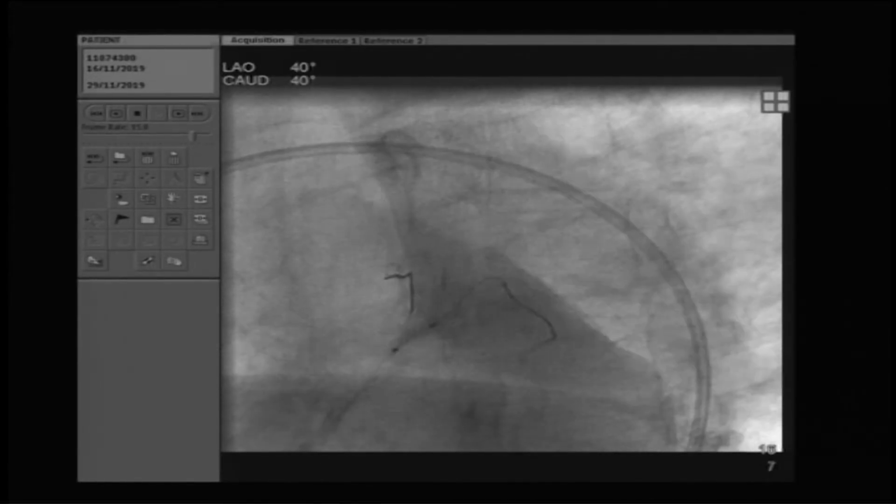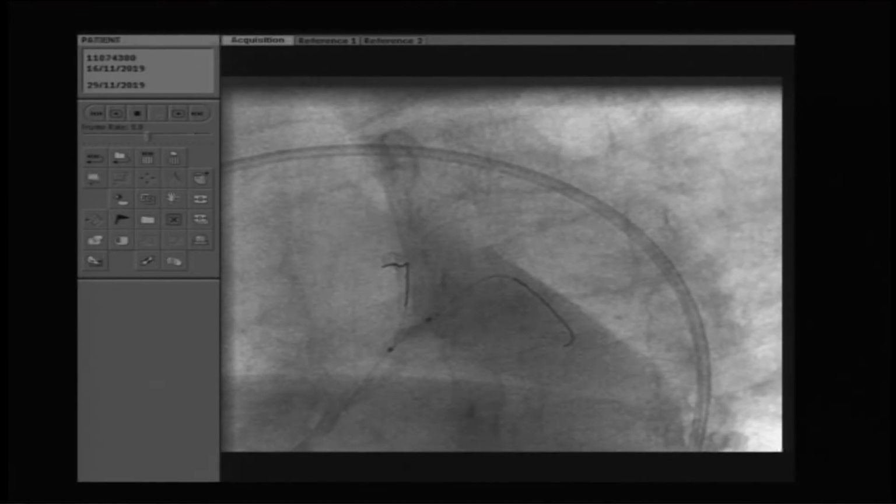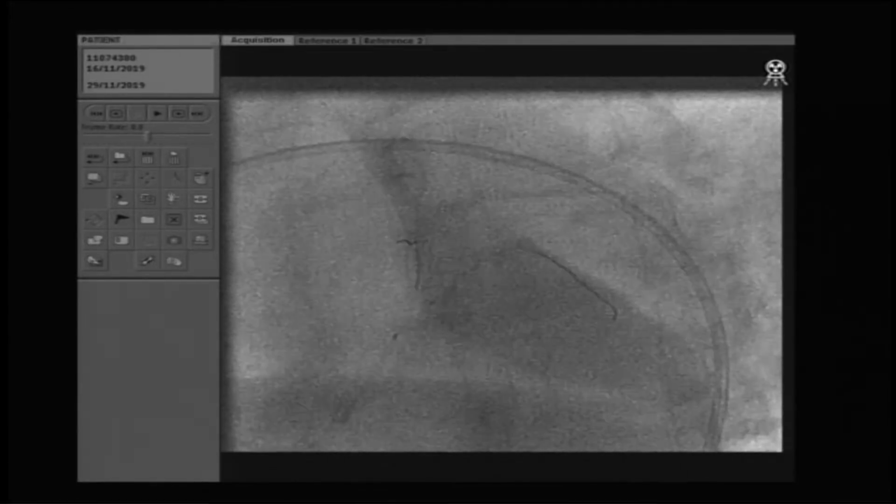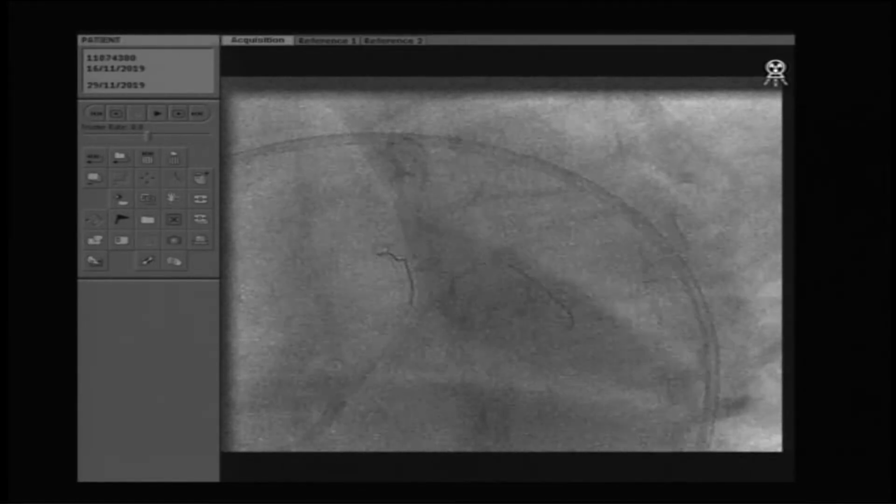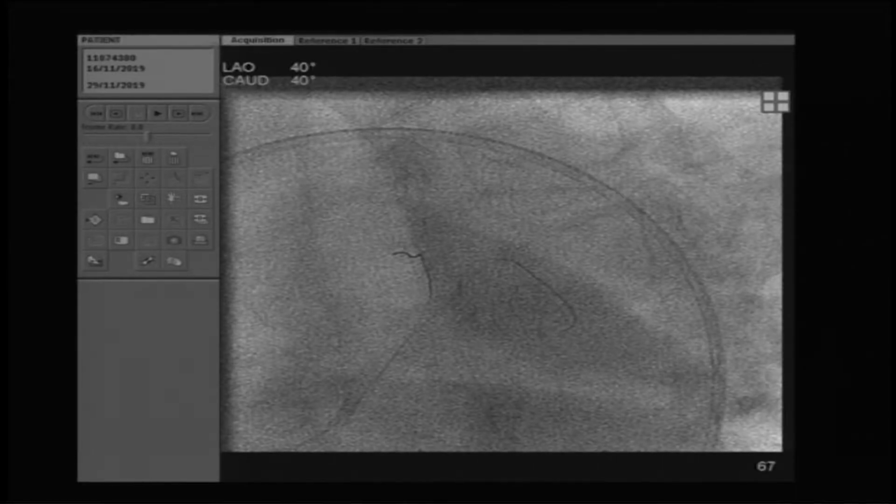Okay, deflate. Give me a 2.25, or maybe 2.5 also is okay. 2.5. This was 2, no? This was 2.25.